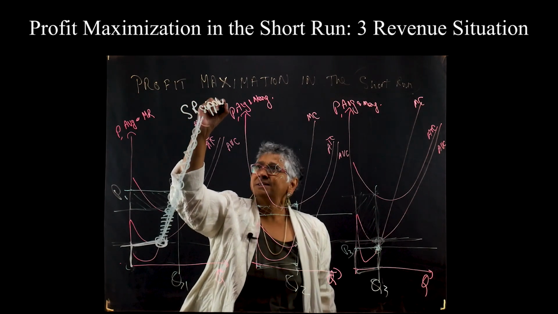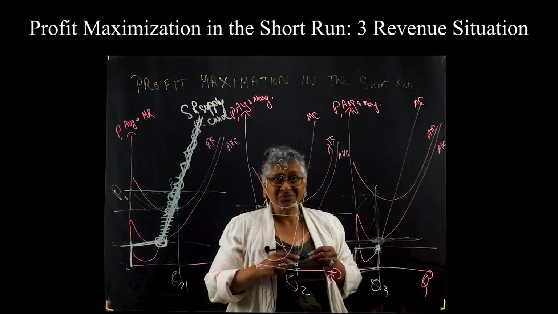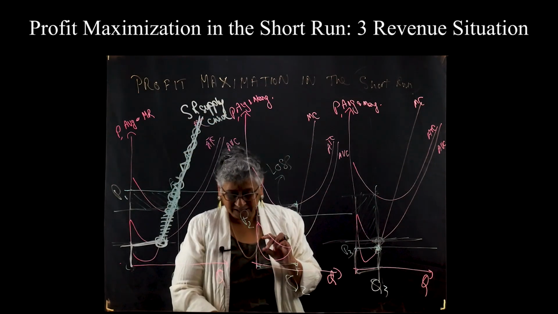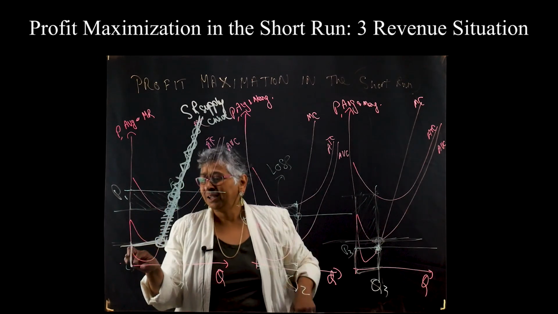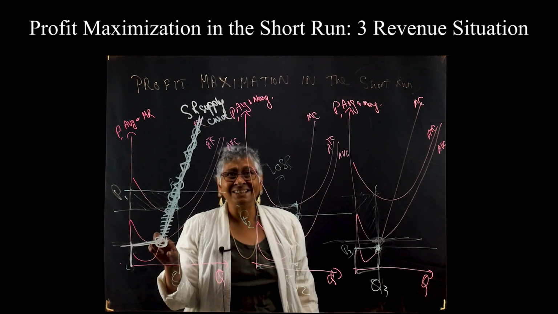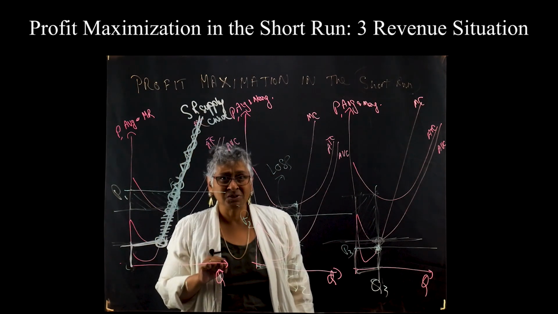And that is my short run supply curve for the individual firm. So this explains, if you go all the way back to our theory of supply, when I said how much will the firm supply at each price, this explains in the short run what an individual firm is doing.